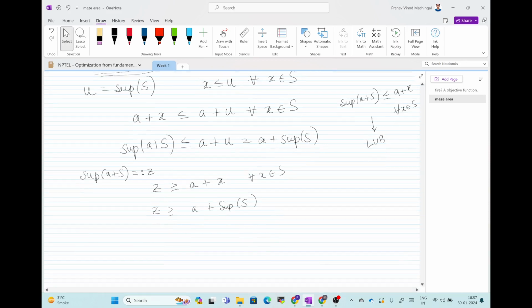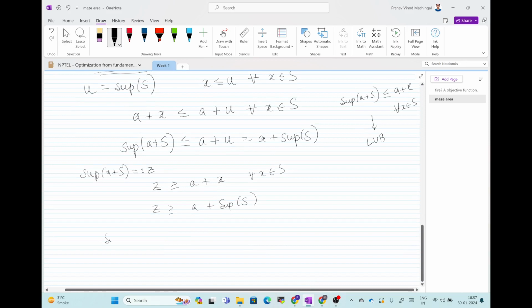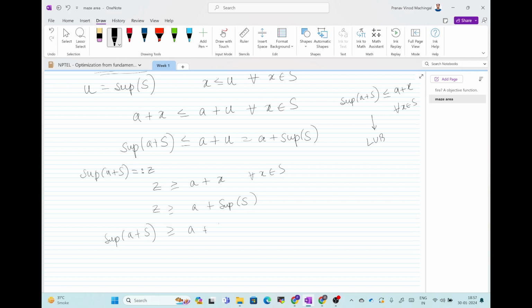Yeah, correct. So here sup of a plus S is greater than or equal to a plus sup of S. Yeah, that is correct. Any doubts in this?